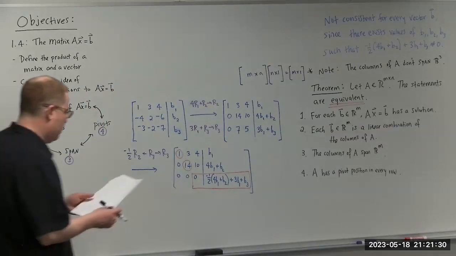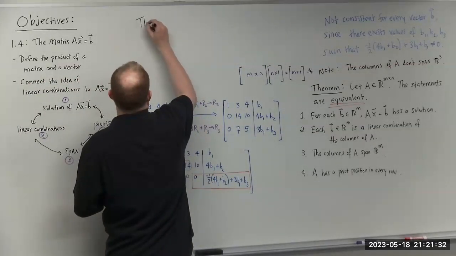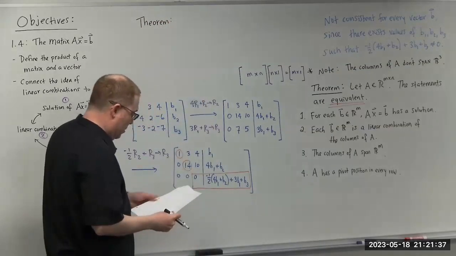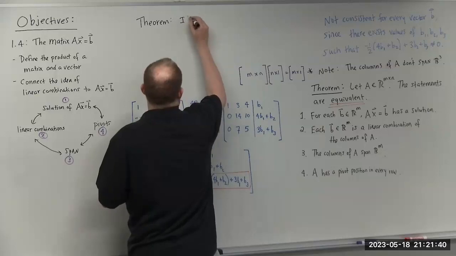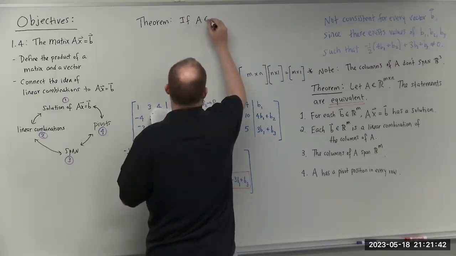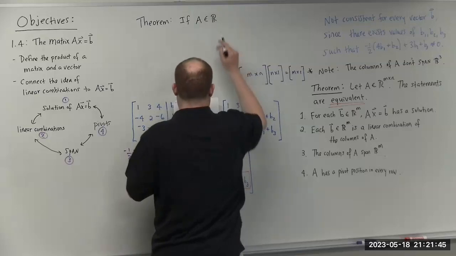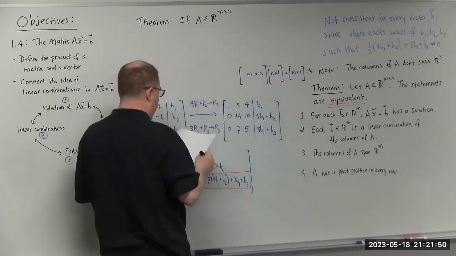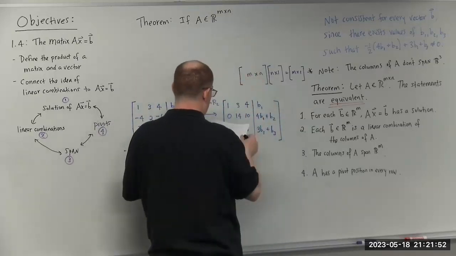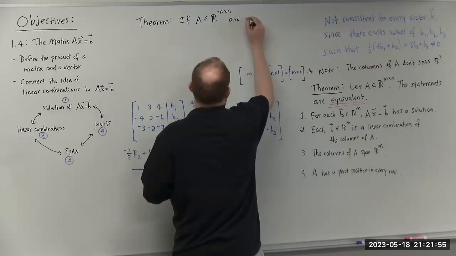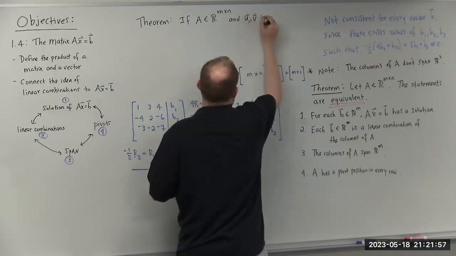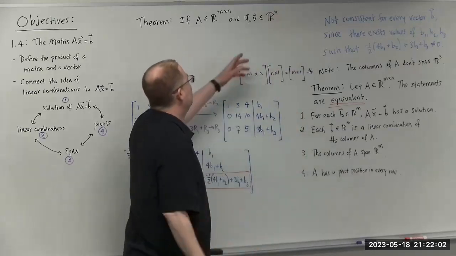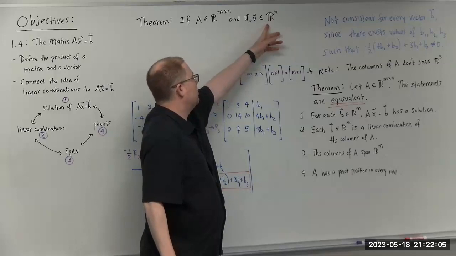Okay, next theorem, or the last theorem for this section, but certainly not the last theorem of the course. Again, we're assuming that A is our matrix with real entries, and the vectors U and V belong to R^n. Now again, this is basically just a vector space.